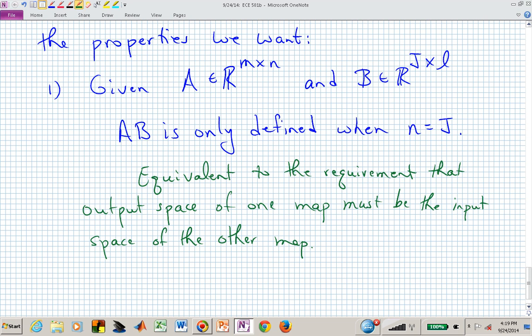They have to make sense. The output space of the first map needs to go into the input space of your second map.